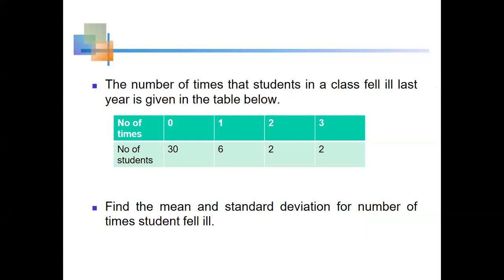So number of times is the variable. 0, 1, 2, 3 is the data. Number of students is the frequency. You need to find the mean and the standard deviation. I will ask you later on.